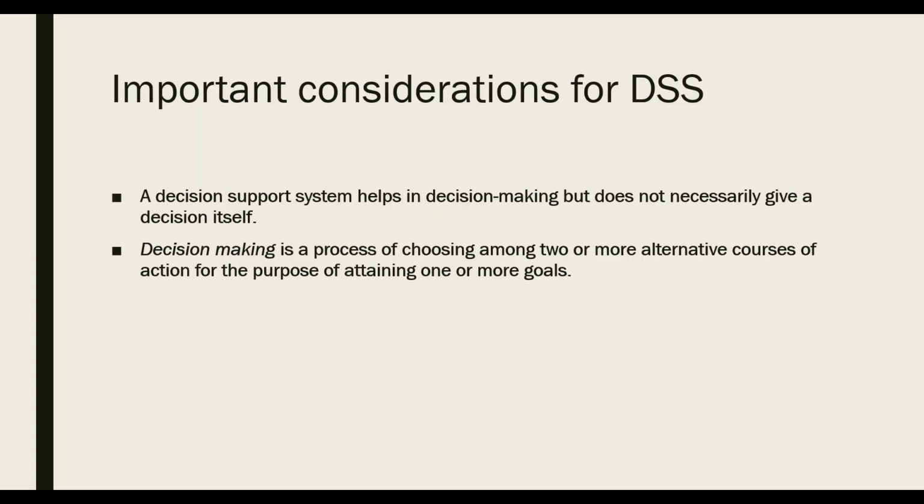Now, there is a certain set of important considerations for DSS we need to understand. We've learned that it's a piece of code, a software which is helping. DSS helps in decision making but does not necessarily give a decision itself. What do you think about this? It'll help you in decision making, but it might not give you a decision itself. आपको बताएगा, help करेगा, लेकिन decision नहीं देगा आपको.